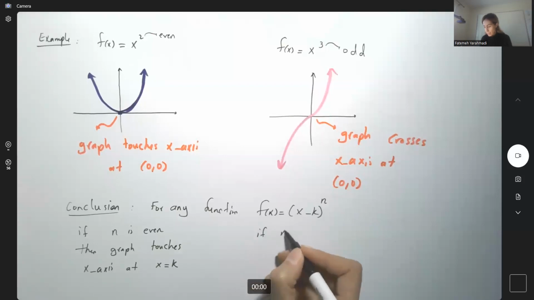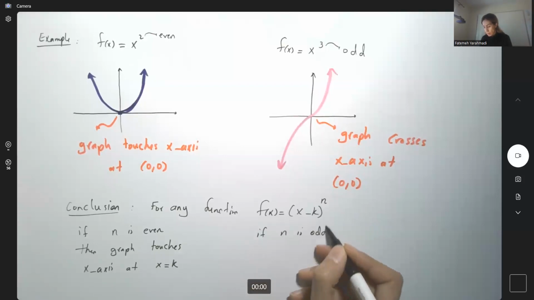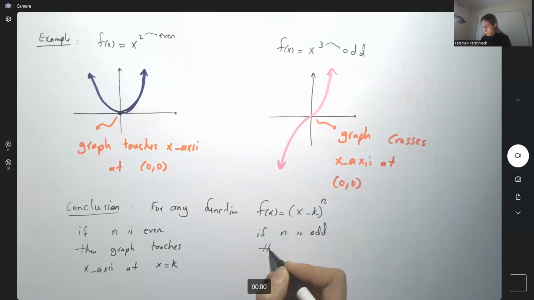If n is odd, then the graph crosses the x-axis at x equals k. This is the conclusion that we have.